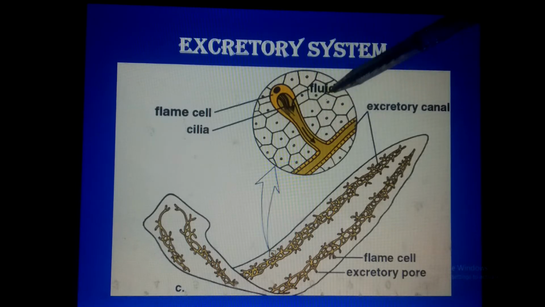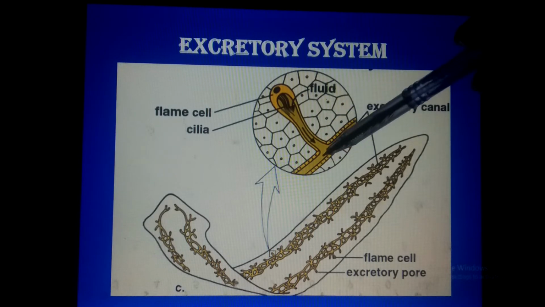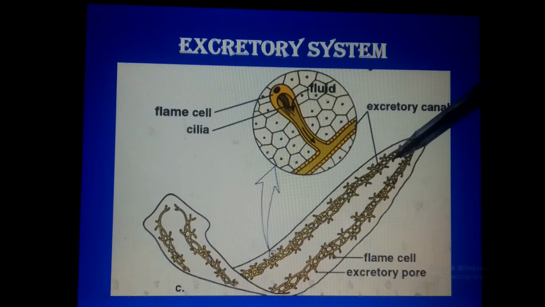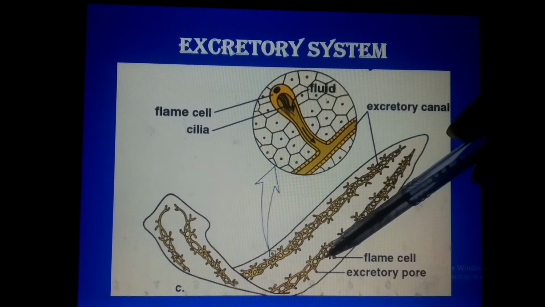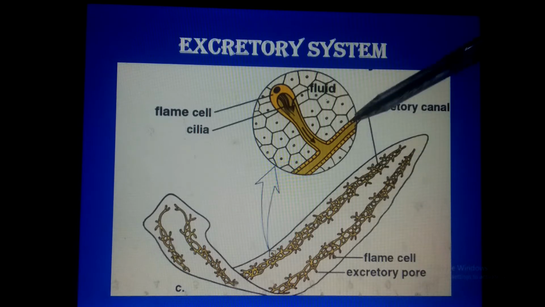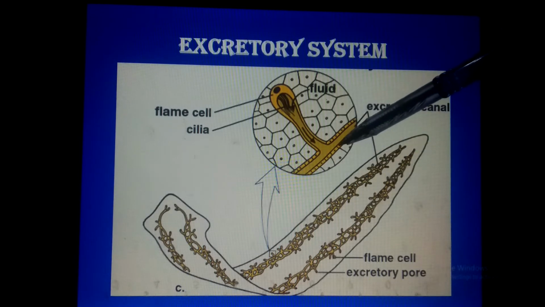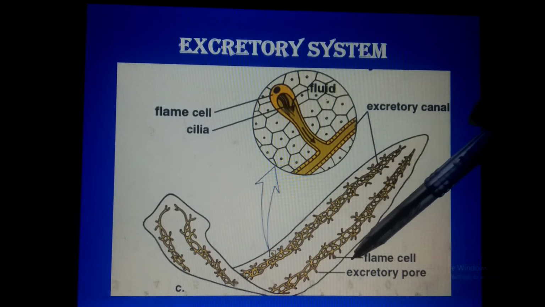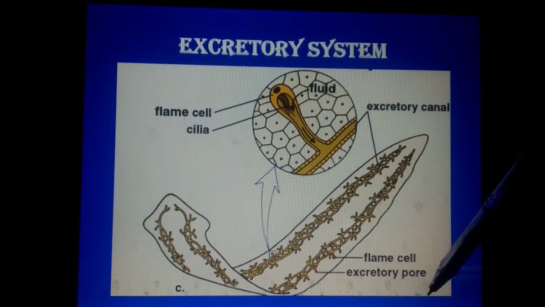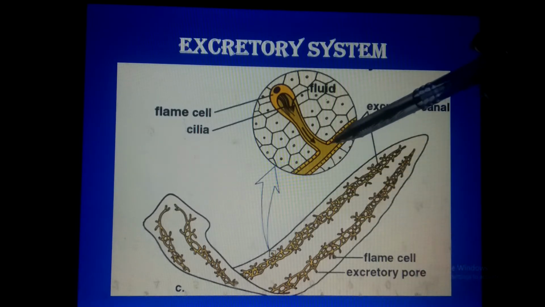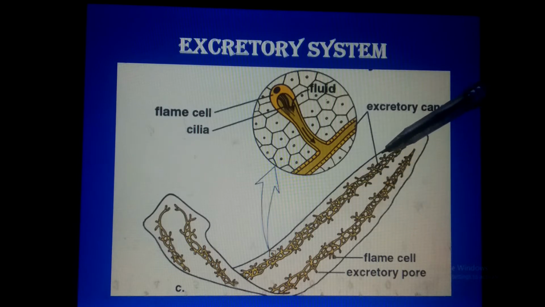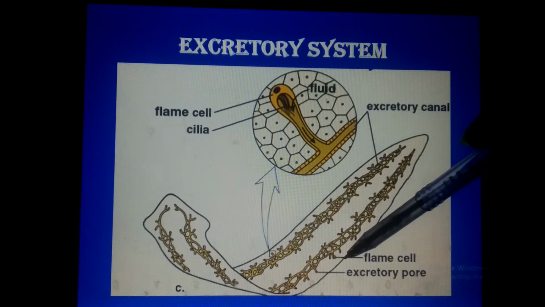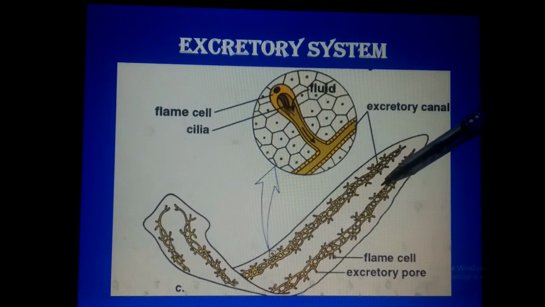They collect the excretory material from the body, and you can see here all the flame cells arranged in rows. These flame cells have cilia, and these cilia beat and collect all the waste material from the body and then excrete it out through the excretory pore. These flame cells have excretory pores. So the surface of these animals is covered with small pores, and these are the excretory pores of the flame cells.